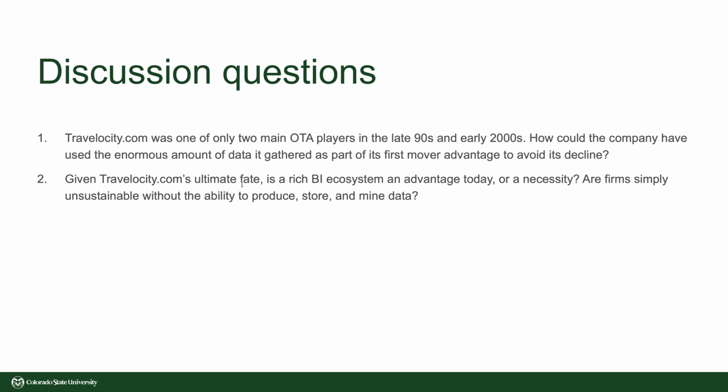Eventually, it declined to the point where it was purchased by Expedia, and it wasn't as competitive as its shareholders expected it to be in the OTA space. So how could it have used that data in order to fend off some of its competitors as other competitors gained access to the GDS data that forms the basis of an OTA?